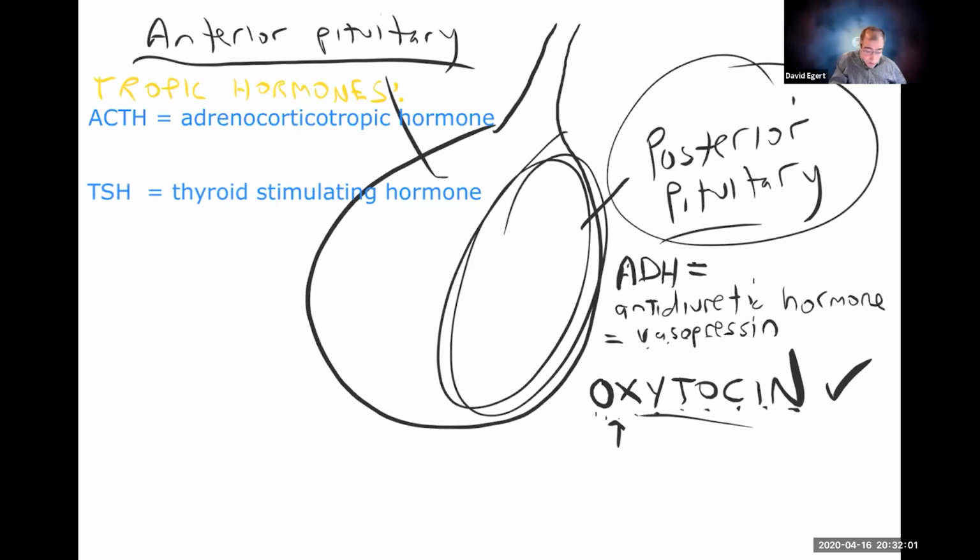The next ones, there's actually going to be two gonadotropins. So gonadotropins are tropic hormones that control, obviously, the gonads.